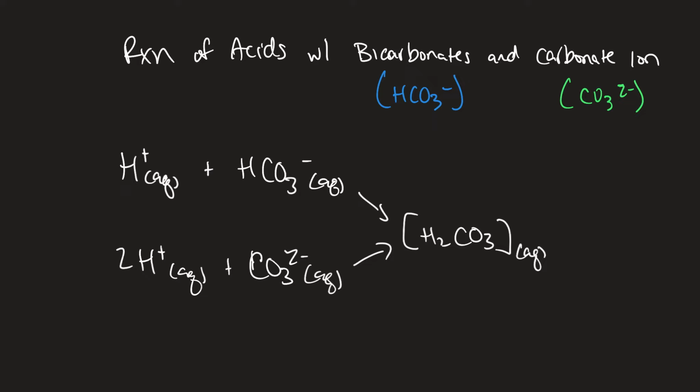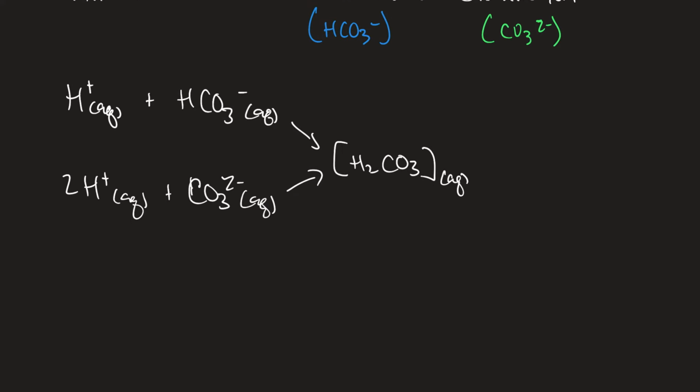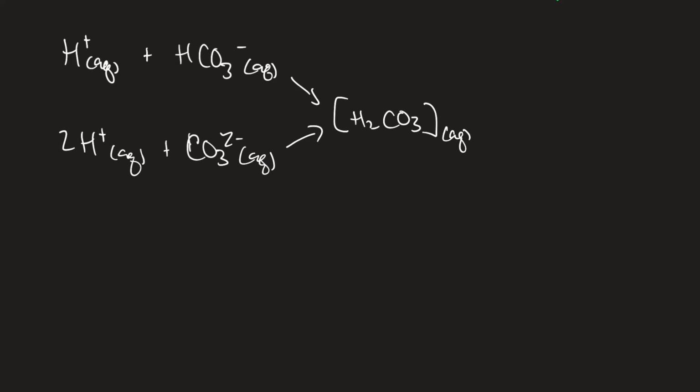Now the thing about carbonic acid is that it's a very unstable molecule. So what's going to happen very quickly is that it will become H2O liquid plus carbon dioxide gas.